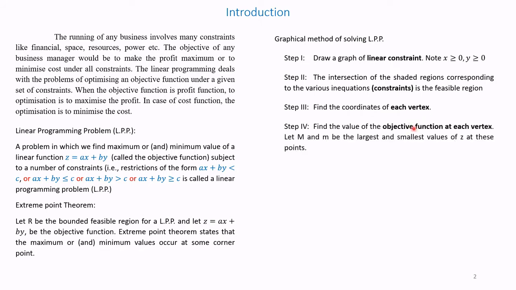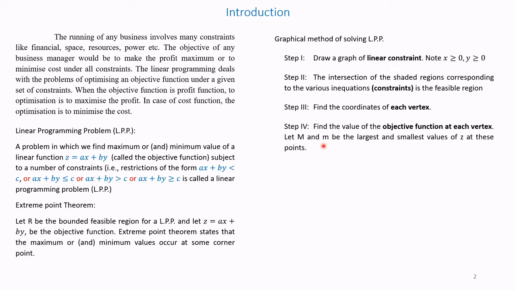So step 4, we evaluate the objective function at each vertex. Then we will calculate Z, which is equal to the given function ax plus by, for different values of x and y at each vertex. So for this Z value, we get something maximum. M is the maximum and m will be the smallest value.